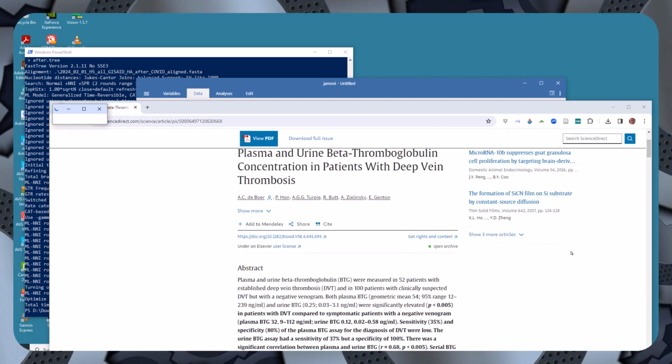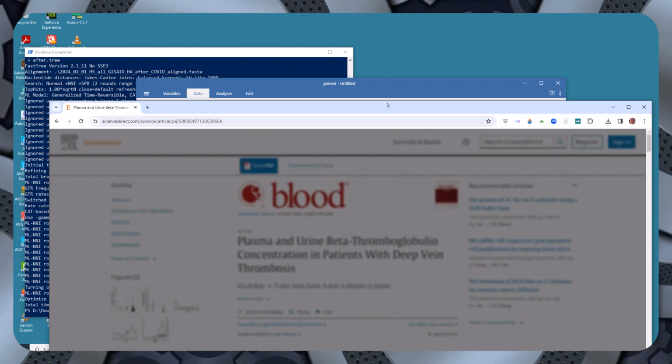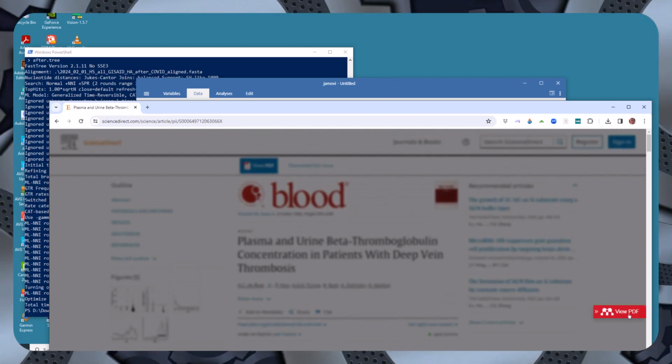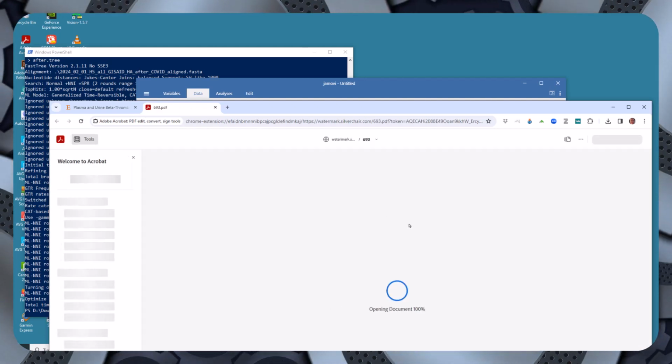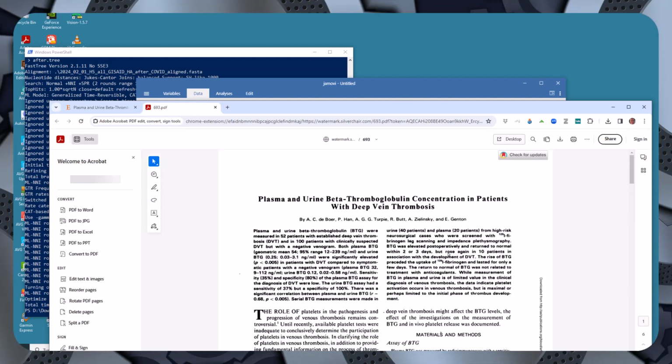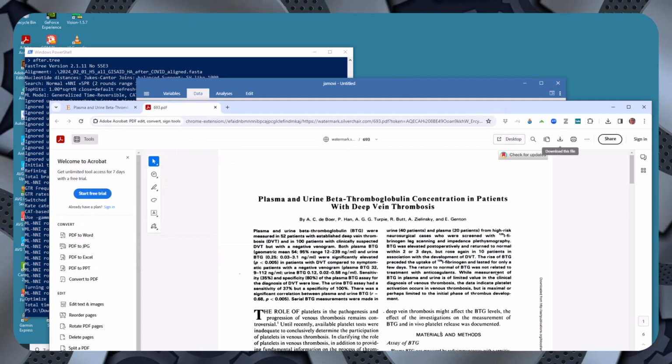Here's a paper with examples from the journal Blood. Here's the PDF. That's nice. I will download this to save for later.